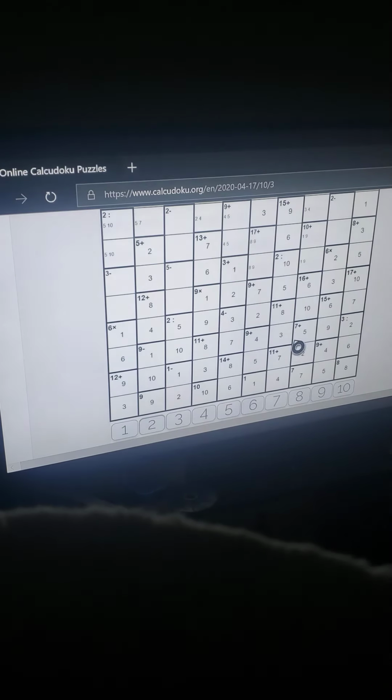Now, in the second column, the 1 is singled out. Then 1, 7, 3, 7.